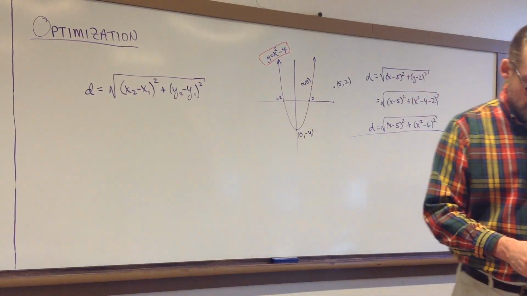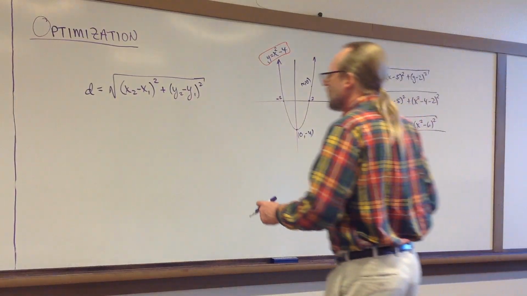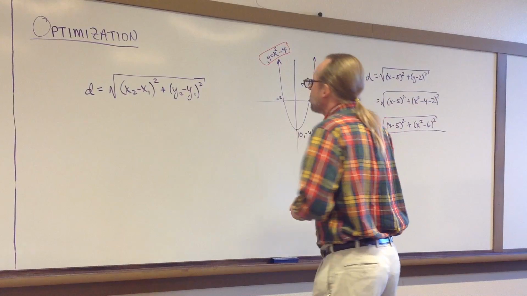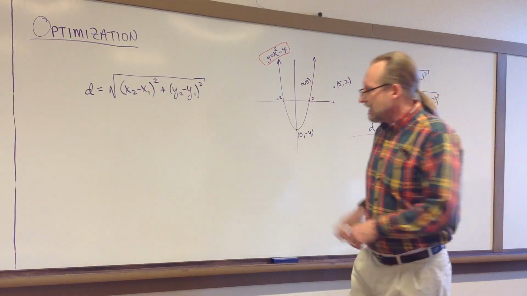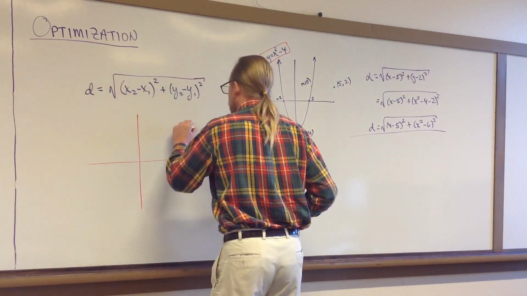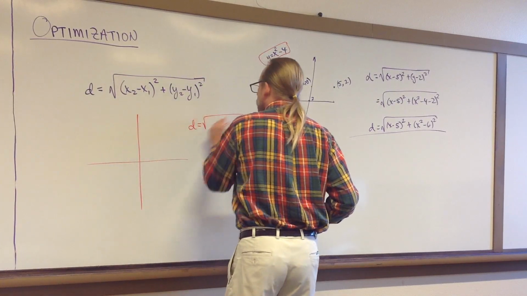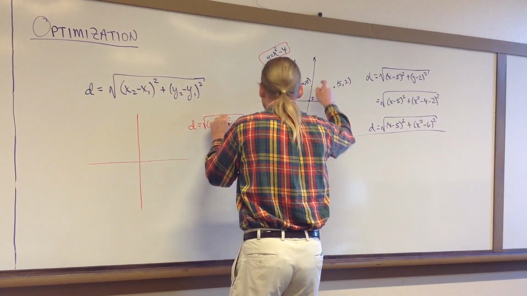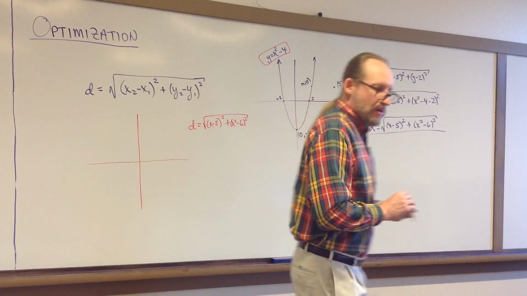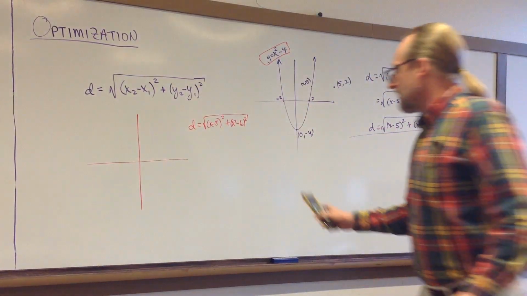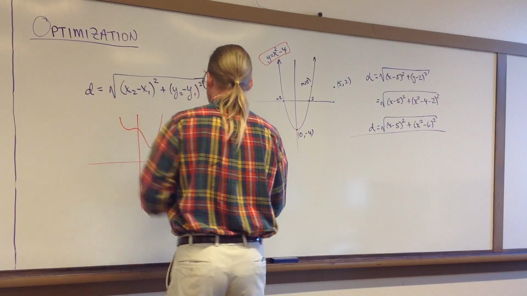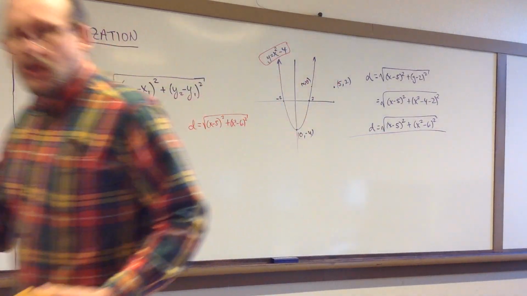Let's see here. I'm going to look at this in the standard window. Most of these problems are set up so that what we need to see is going to be in the standard window. So let me draw a graph of the distance function, and I'll do this in red to distinguish it from our original function. Something like this.